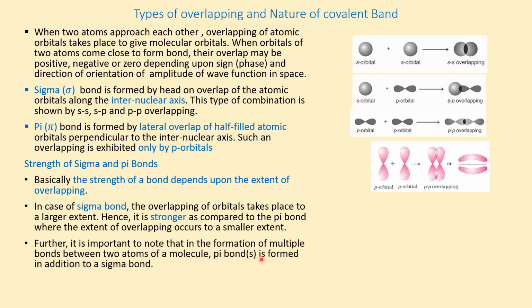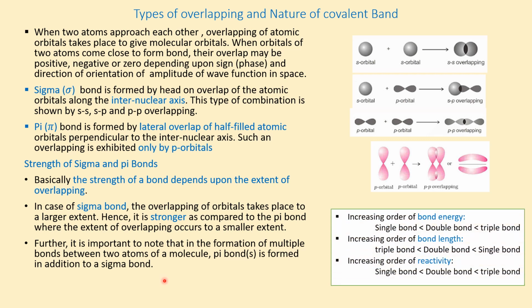Further, it is important to note that in the formation of multiple bonds between two atoms, a pi bond is formed in addition to the sigma bond. In such cases, there is an increasing order of bond energy. The weakest is the single bond. Single bond is weaker than double bond, which is weaker than triple bond. Hence, triple bond is the strongest in bond energy.